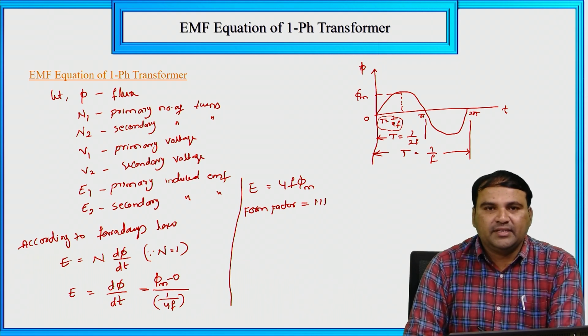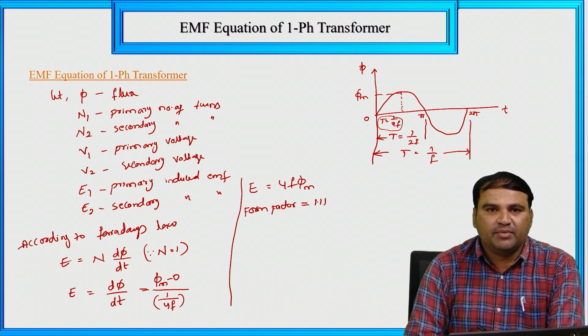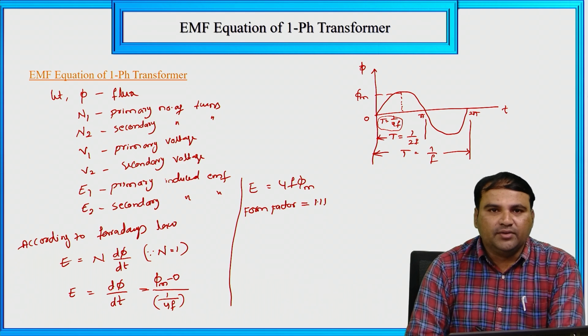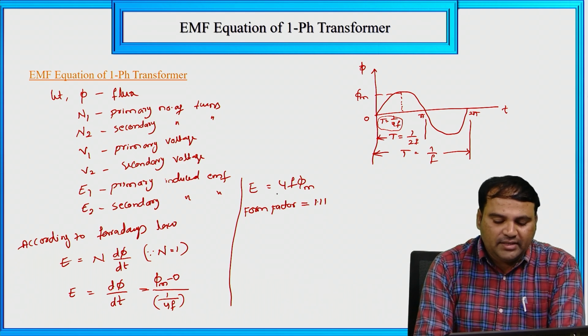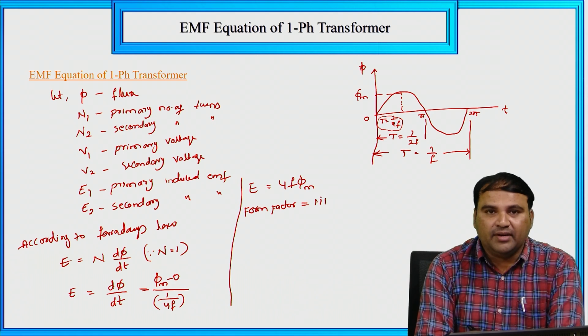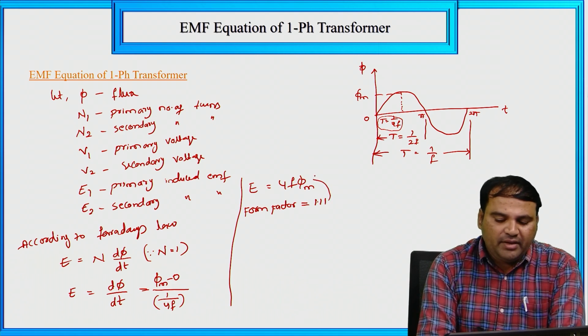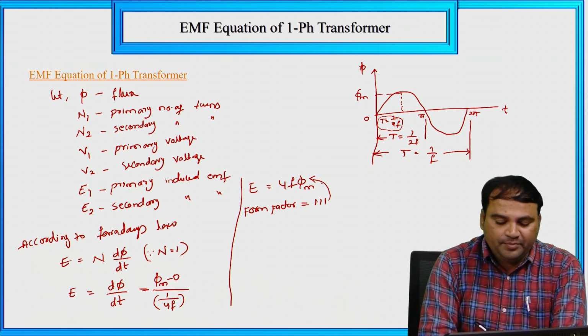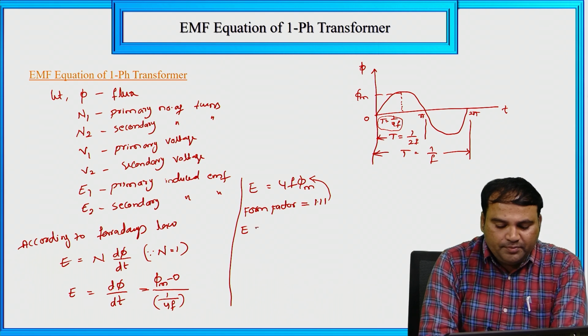So the form factor for all the AC quantities is 1.11. Now multiply with E. So E equal to 4f phi m into 1.11. So we get E equal to 4.44 f phi m.